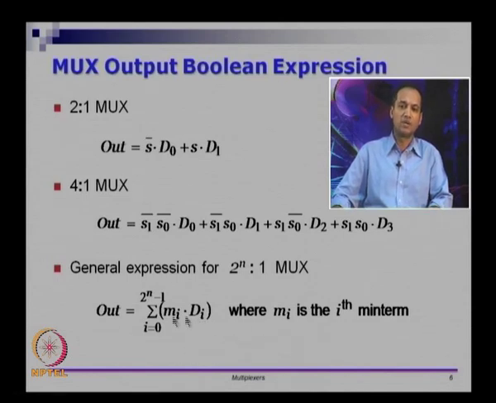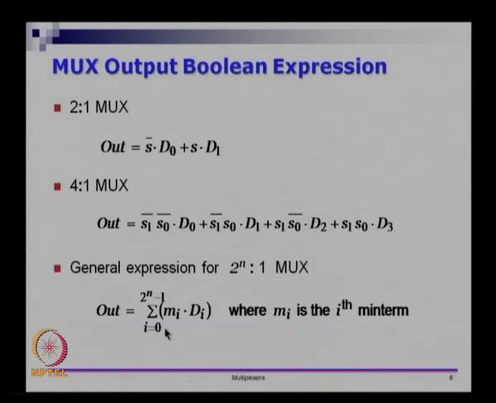So you take the ith minterm and AND it with data input i, and you do it for all the 2 power n combinations. You put a single OR gate with 2 power n inputs, and that will give you the output. This is the general expression for a mux. So go and think about what the expression for a 3 to 1 mux is, for instance. Go and write it down and check whether it is correct or not.